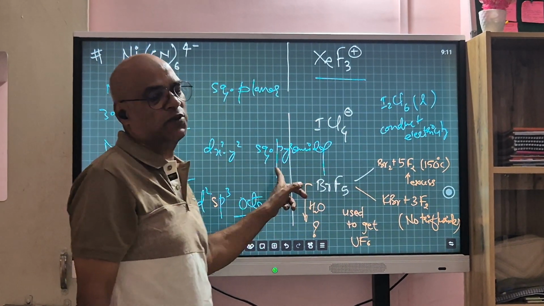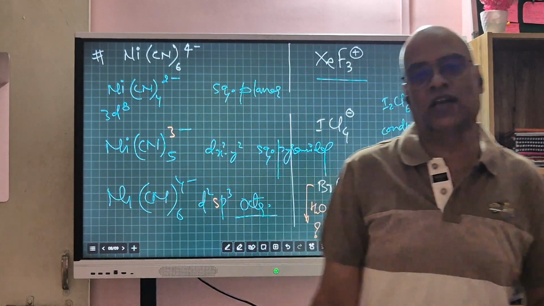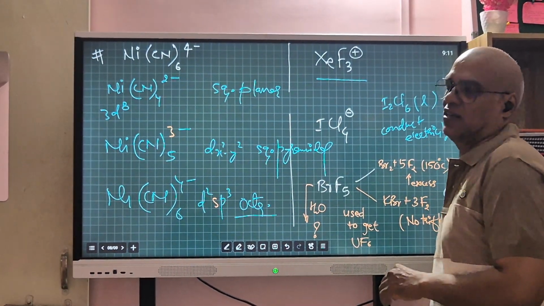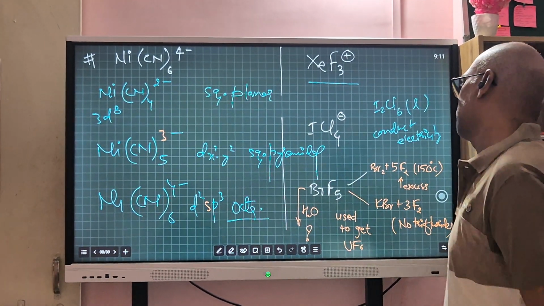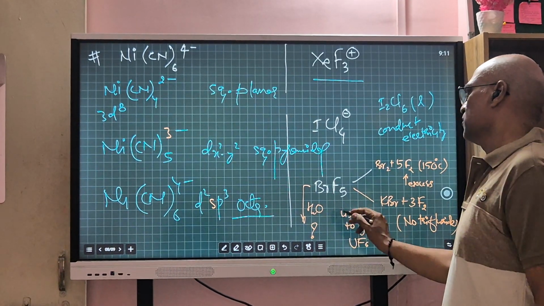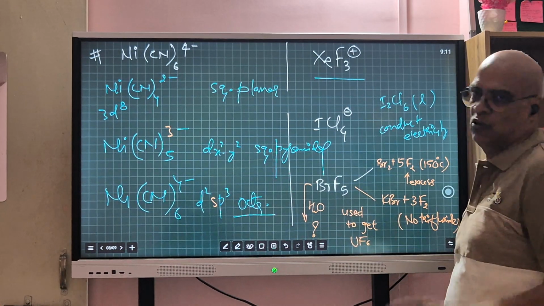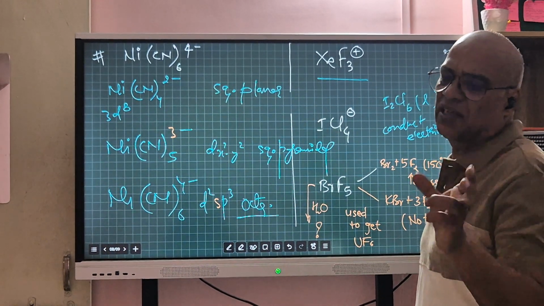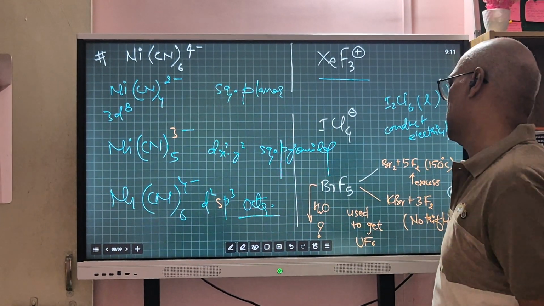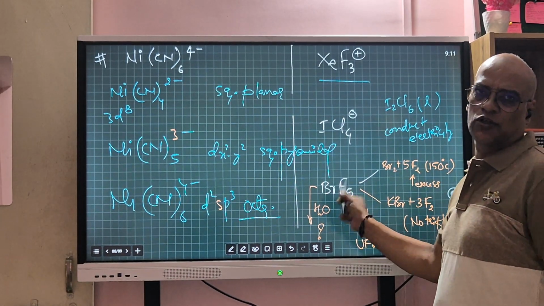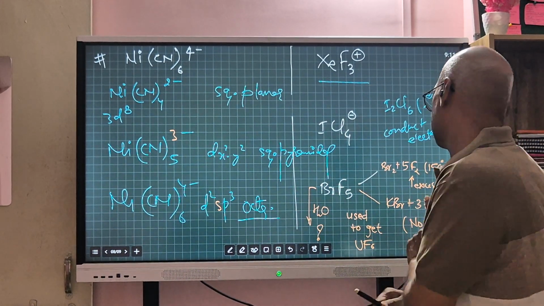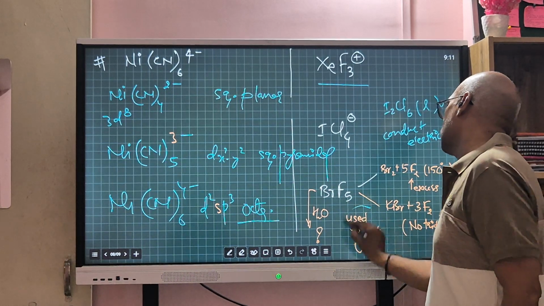It can be hydrolyzed because of the availability of vacant d orbitals, so water can act as a nucleophile. Those who know how to hydrolyze such molecules, memorize. During hydrolysis, oxidation number will not change, so bromine will be in +5. So a +5 oxyacid will be there. Understood?